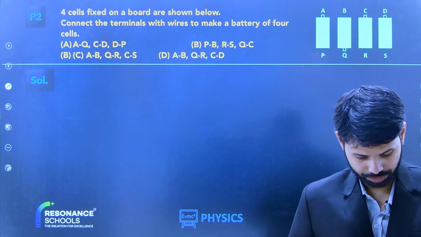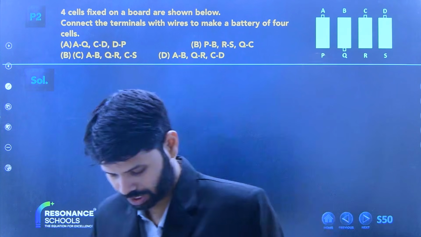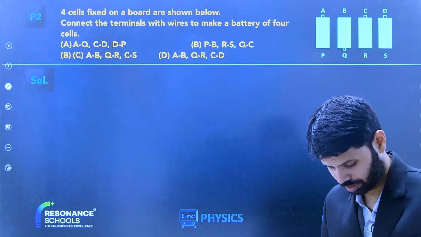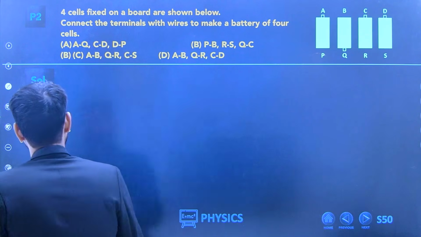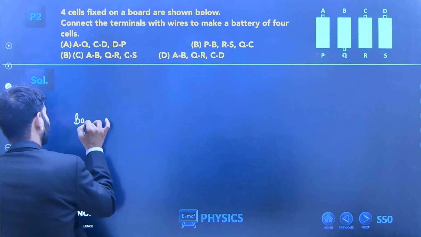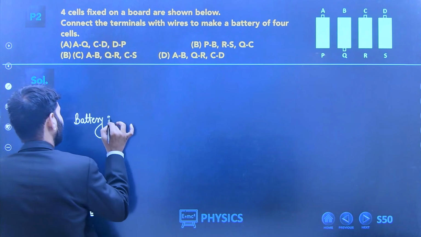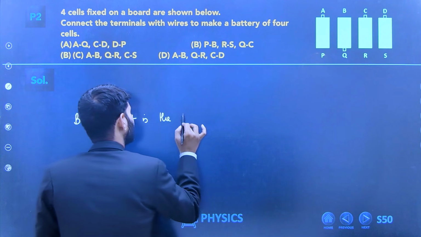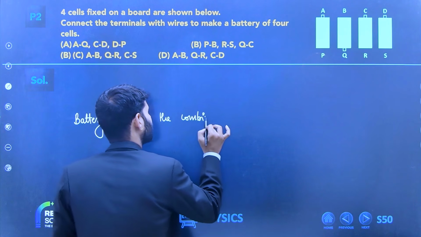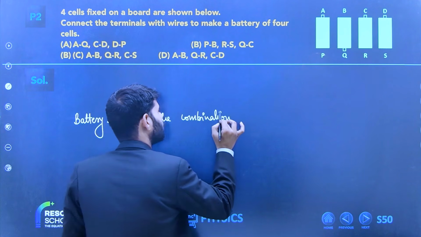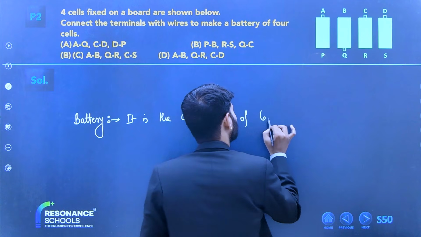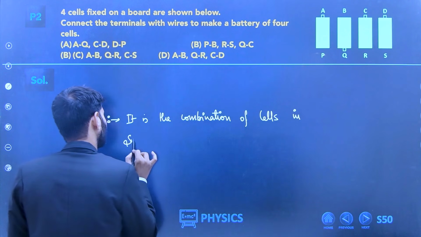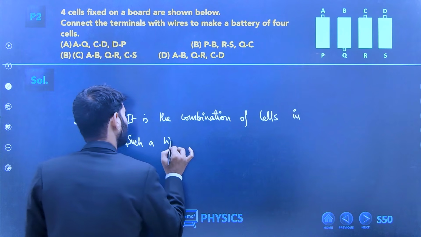Shrey Kothari says positive terminal to negative terminal, right? So you can write: battery, it is the combination of cells in such a way that the positive terminal of one cell is connected to the negative terminal of the other.